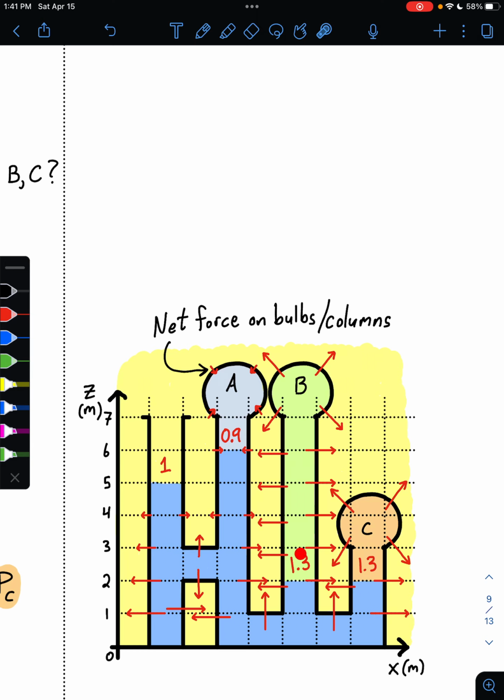Compared to the vertical column here with gas B inside it, or overpressurized gas at 1.3 atmospheres, that's going to be pushing outwards on the walls of the column harder than the outside air is pushing inwards at just 1 atm. And since these pressures don't change much with height, we have pretty much the same net outward force per unit area on all of the walls of this column, and also on the walls of the bulb here.